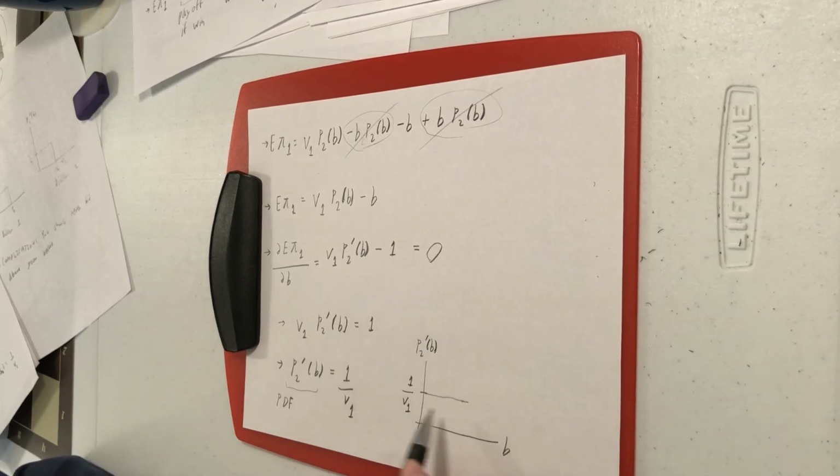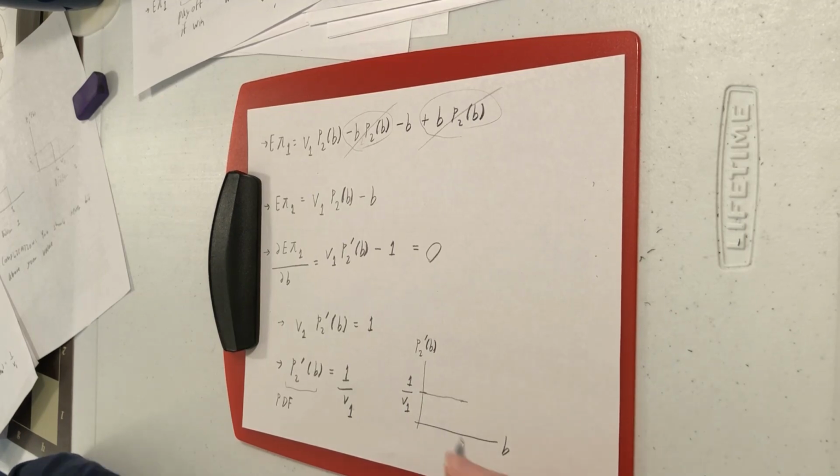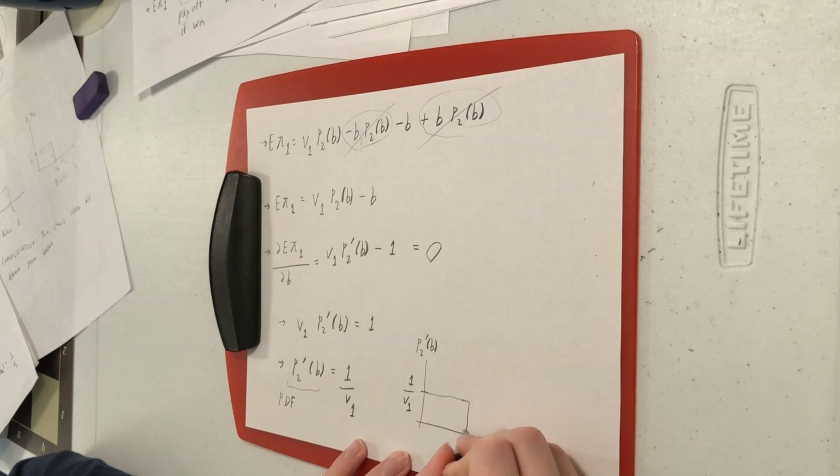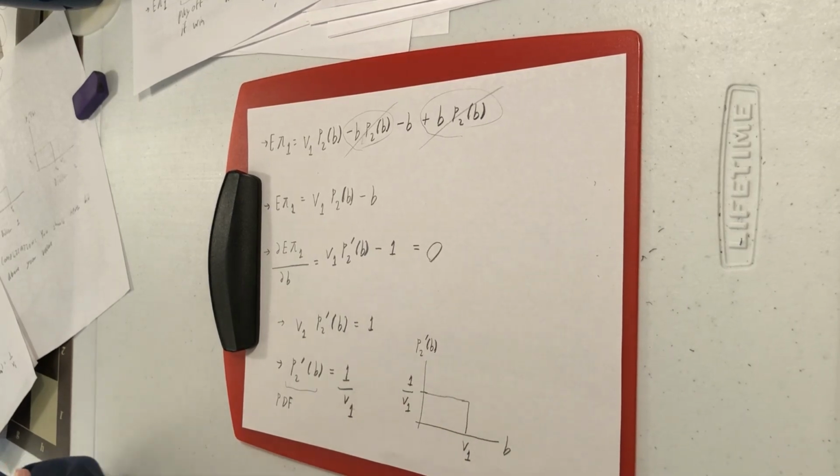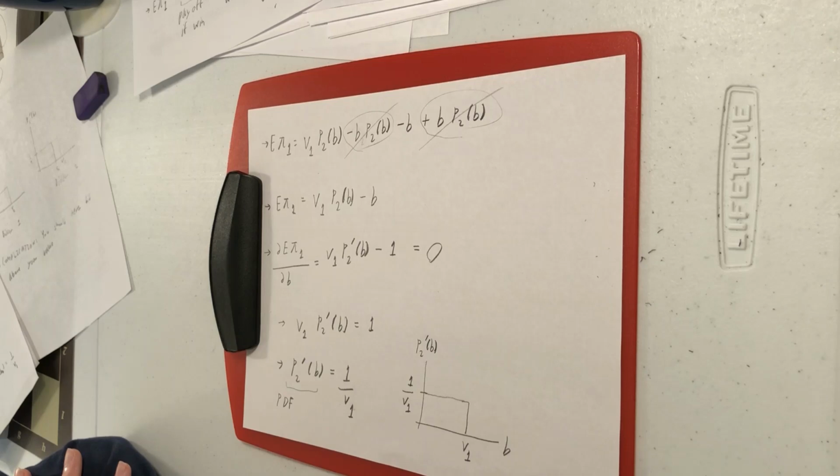So if this is going to be flat, we're talking about a rectangle here. So how do I make that rectangle have an area of 1? Well, its height is 1 over V1. The base had better be V1. If that's true, then base times height is going to be 1. Probability is 1 in total, so that checks out.